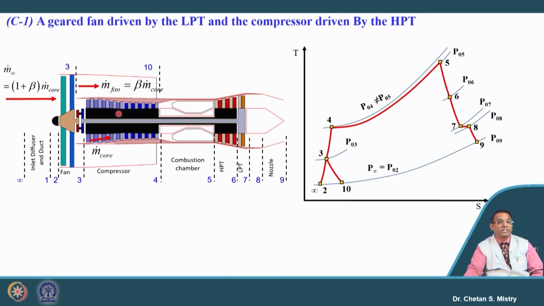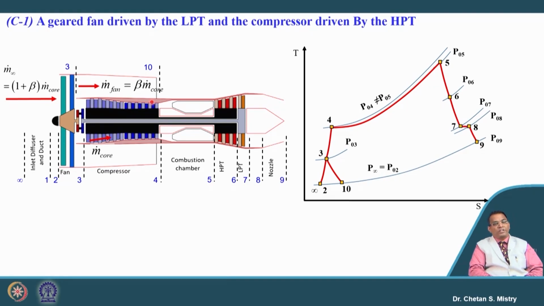More stages have so many limitations and challenges. The more stages, the more will be the length of my engine, and when we move towards the later stages, my blade height will be reduced, and that makes the aerodynamic design very challenging.